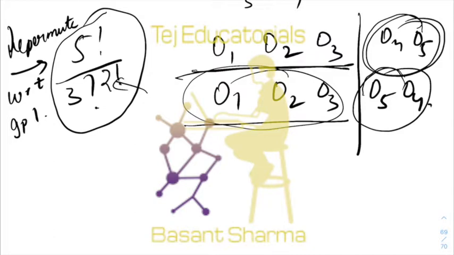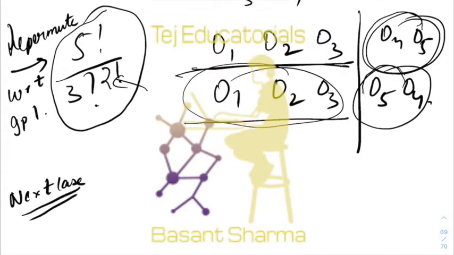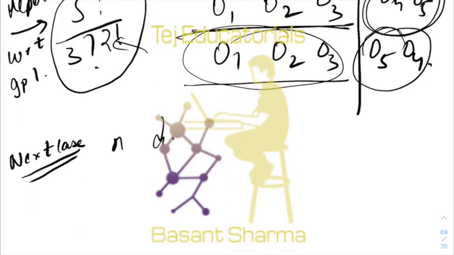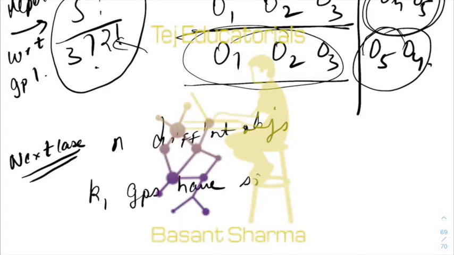All right, now the next case is, suppose n different objects are there, and suppose we want to divide them into groups such that k1 groups have size n1. That is, now we are relaxing the condition that no two groups have the same size.